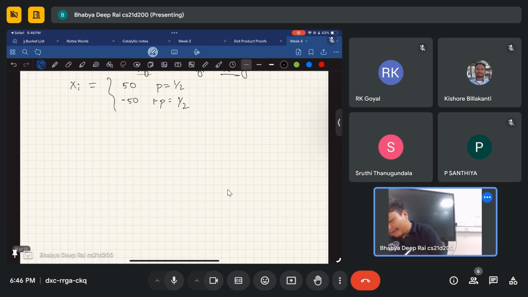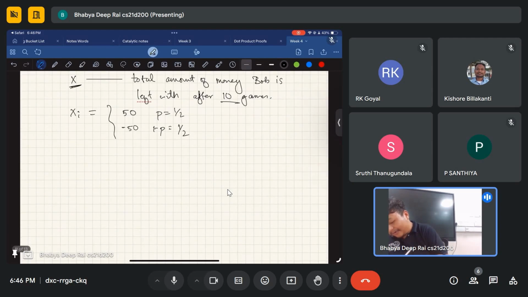And now what do you have? We want to find the expectation of X, which is the expected total amount of money Bob is left with after 10 games. Now observe the following fact, that the expectation of X is nothing but the expectation of x1 plus x2 plus x3 plus and so on till x10. Why? Because it's not a property of expectation that I'm using.